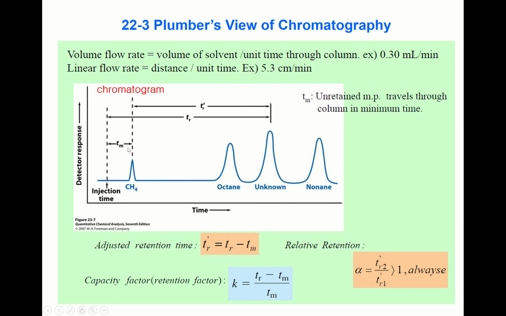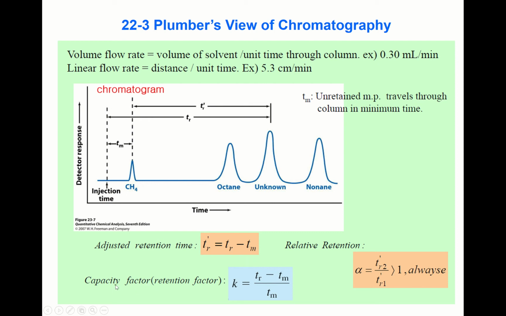Tm is just due to the length of the column, so this is not a true retention time. You have to subtract Tm from Tr. So Tr prime, from here to there, is the adjusted retention time.